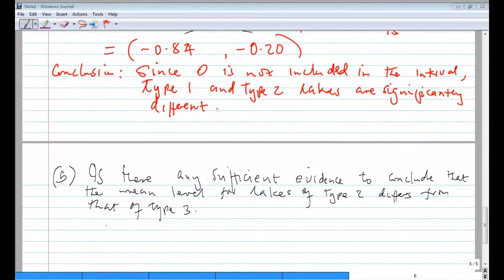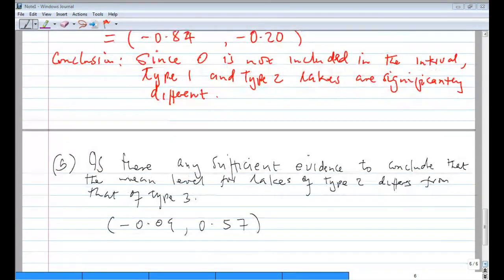The answers are negative 0.09 and 0.57. Yes, that's correct. So what can you conclude? Is there any difference?